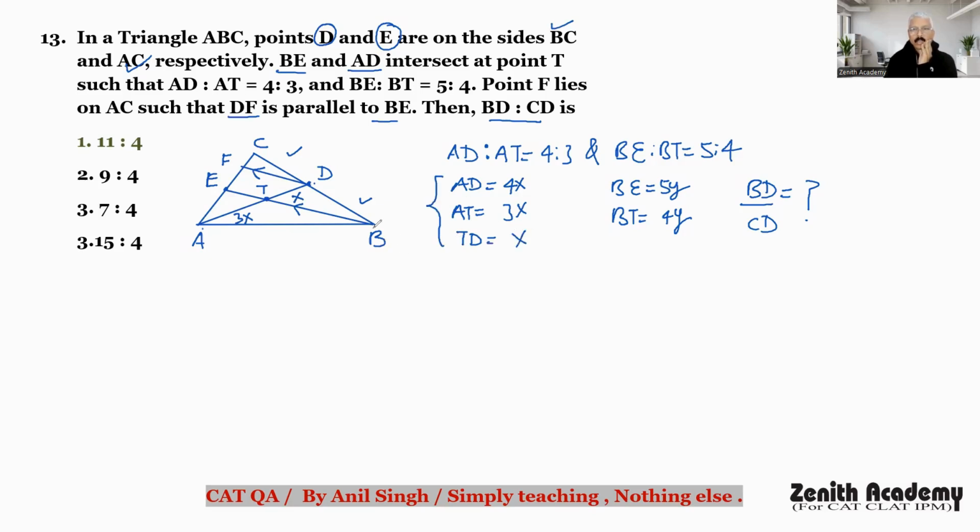And here BE is 5y and BT is 4y. So BT is 4y and it means TE will be y.